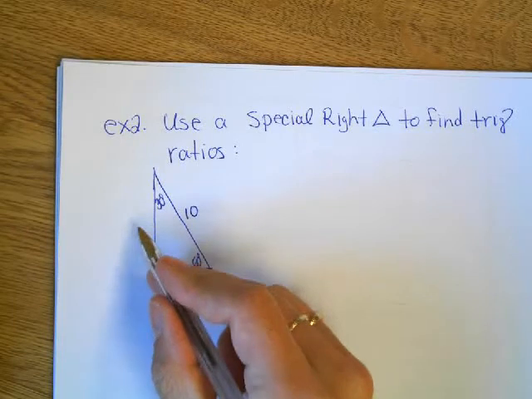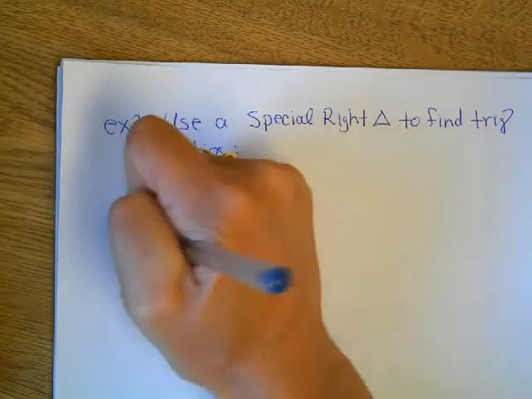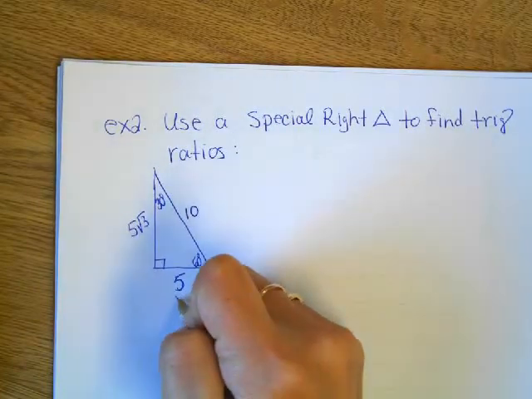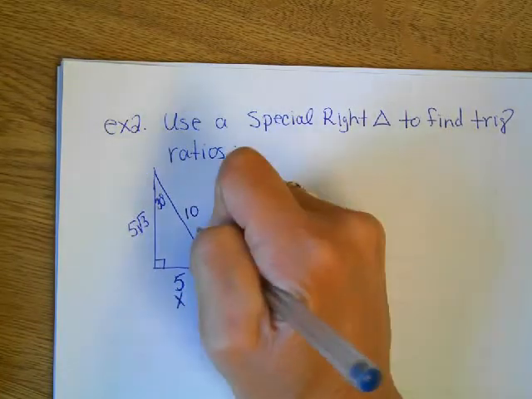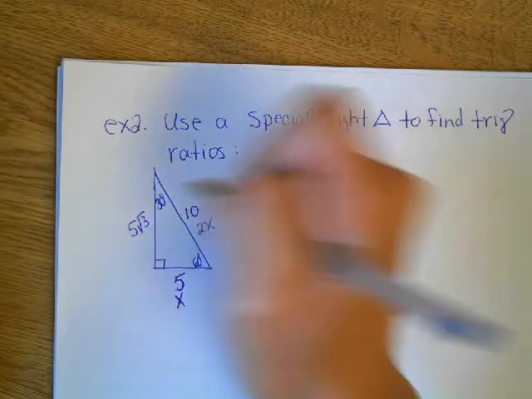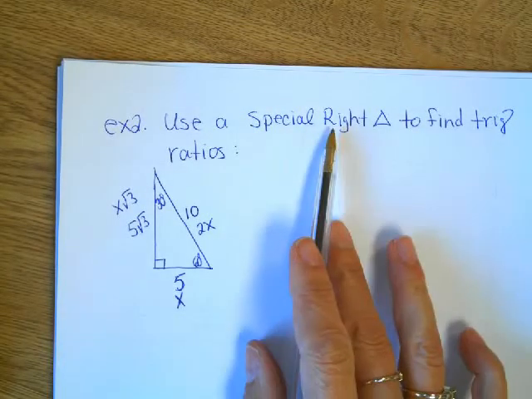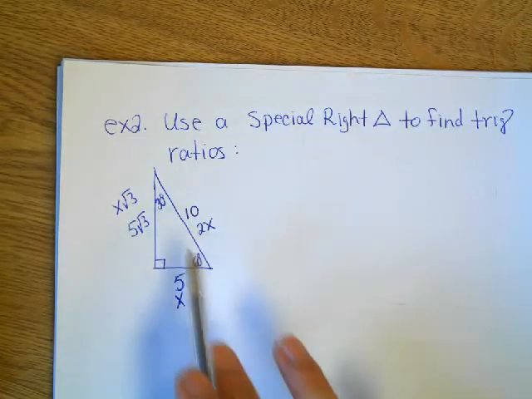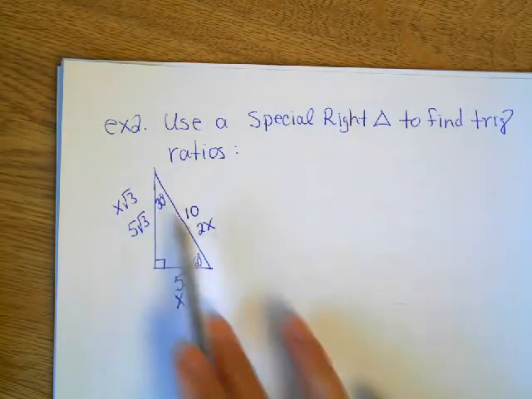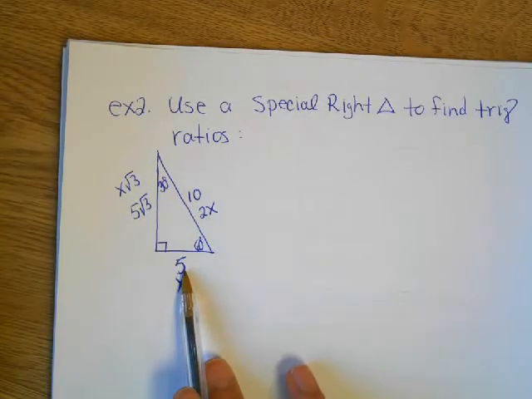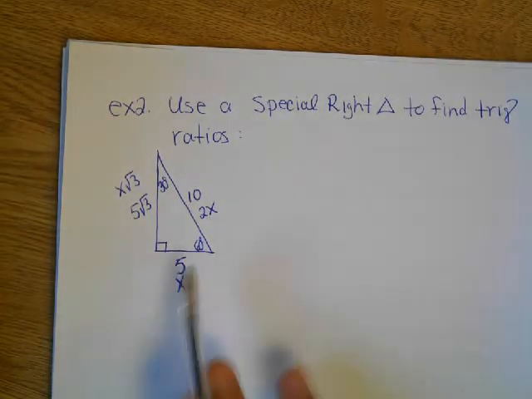And the long leg was the short leg times the square root of 3. So in terms of x, you have x, 2x, and x times the square root of 3. I arbitrarily picked the 5. You could pick any number you want, and they're all going to reduce down to the same thing.